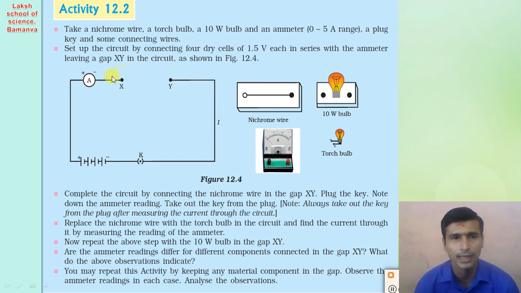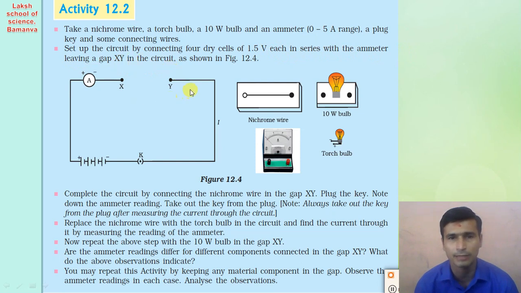In this gap XY, we place a different component and measure the electric current passing through it. As per point number 1, set up the circuit by connecting 4 dry cells of 1.5 volt each in series with the ammeter, leaving a gap XY in the circuit.